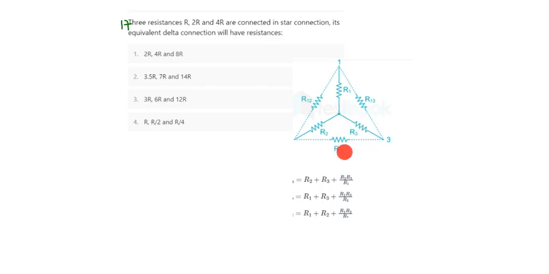R23 equals R2 plus R3 plus R2 into R3 divided by the opposite resistance R1. R13 equals R1 plus R3 plus R1 into R3 divided by the opposite resistance R2.